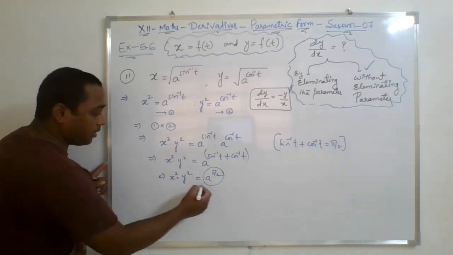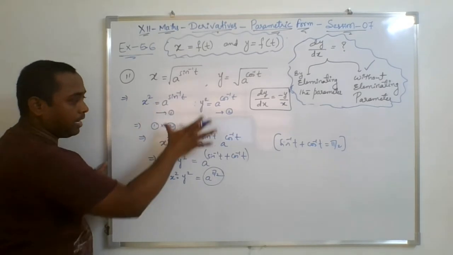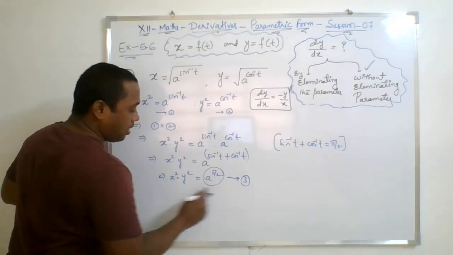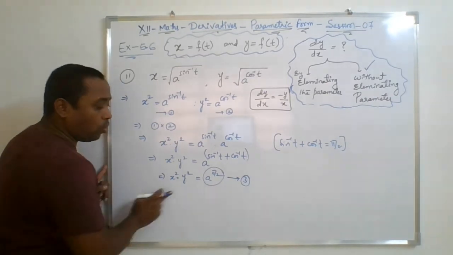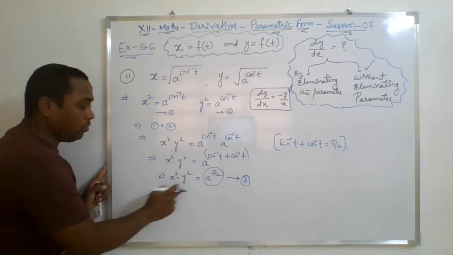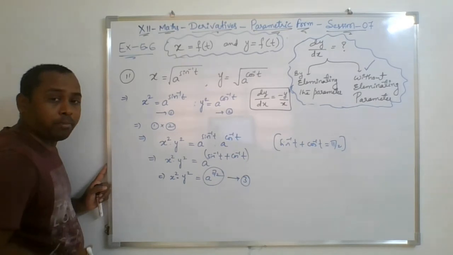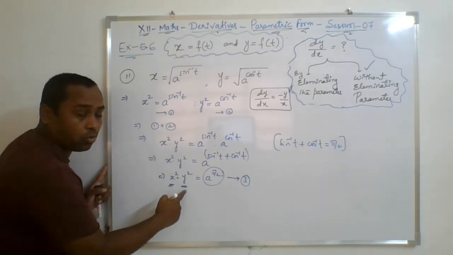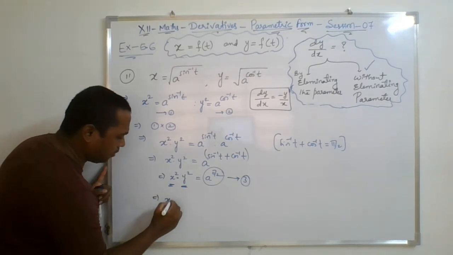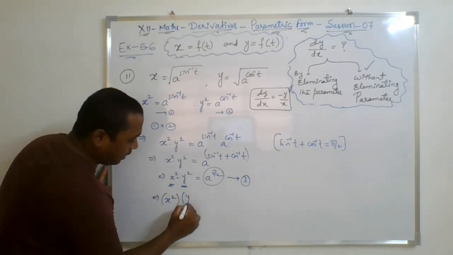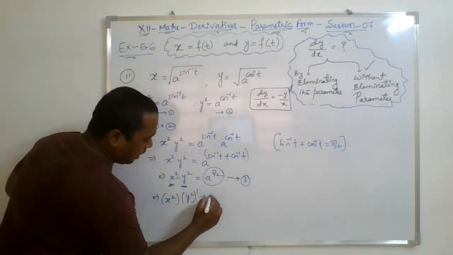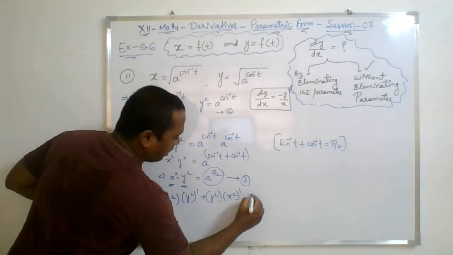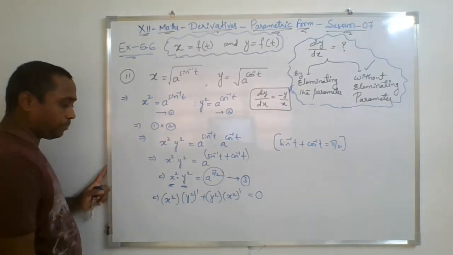So now start the derivative. First I have eliminated the parameter. You can see here in the result there is no t, there is no parameter. So now I can go for a simple derivative process where we can apply the product rule. So x square into the derivative of y square plus y square into the derivative of x square, and this equals 0.